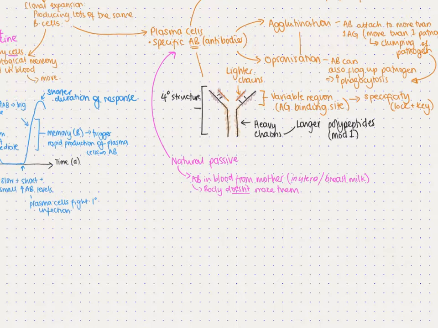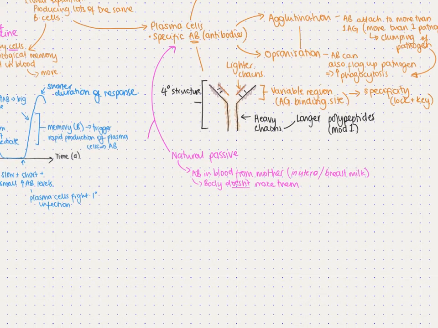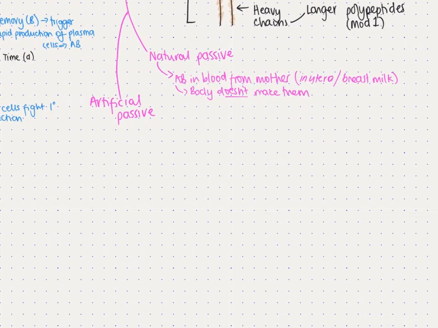And then finally, in the same vein, again with those plasma cells, we have got our artificial passive responses as well. And these are where we're going to get antibodies from non-human sources helping us.